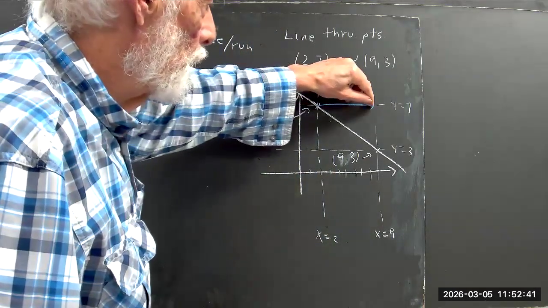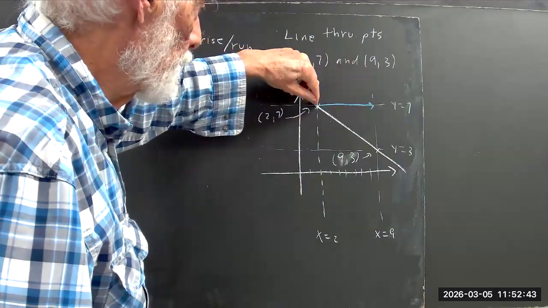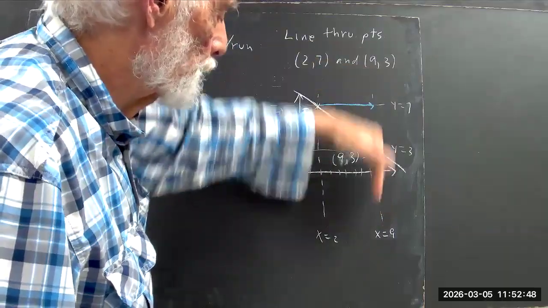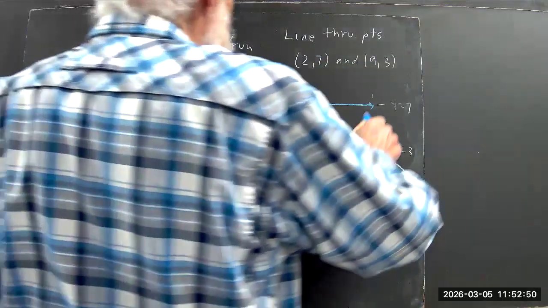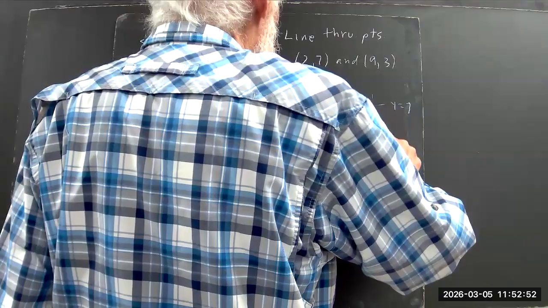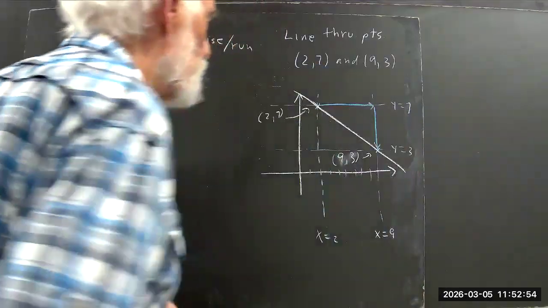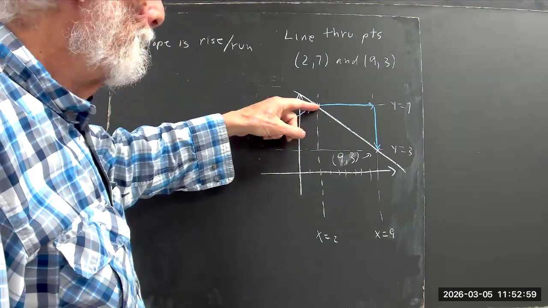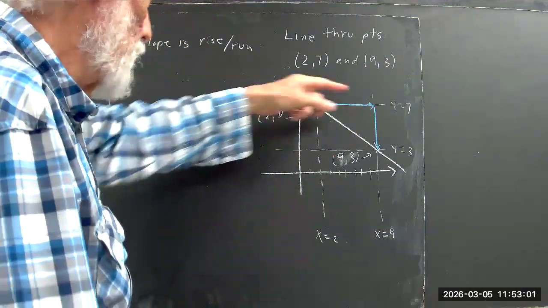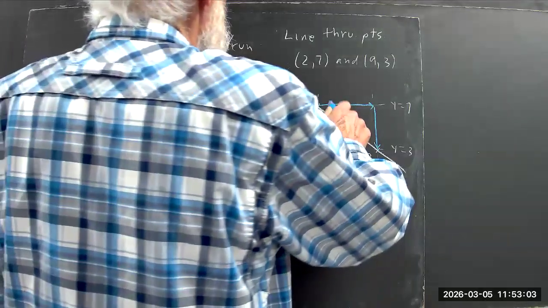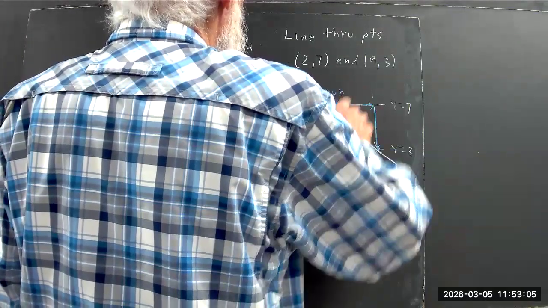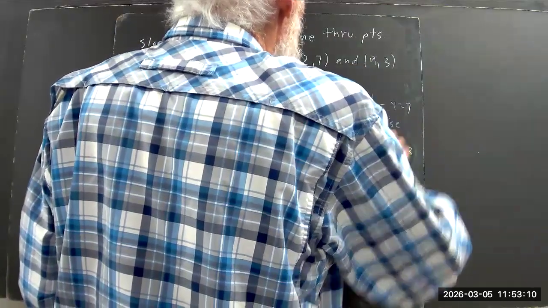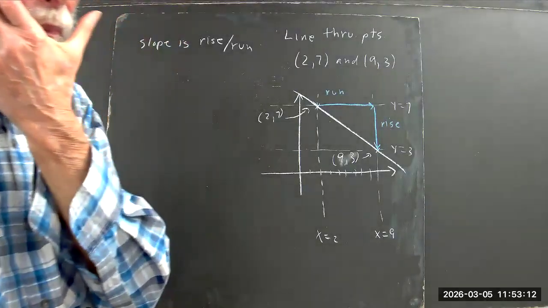Okay, if we go across here with an arrow starting at this point and moving to the right until we're right above the second point, and then continue that with an arrow down to the second point, then the horizontal arrow represents the run, and the vertical arrow represents the rise.